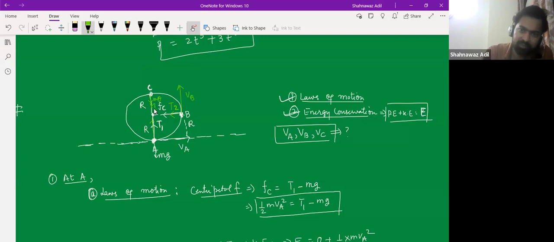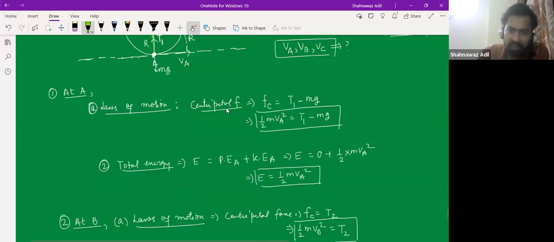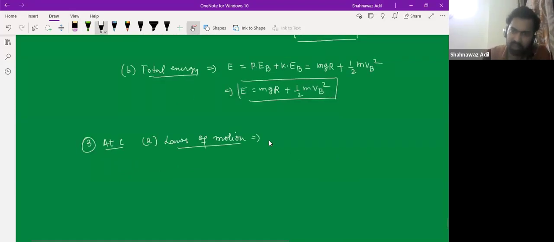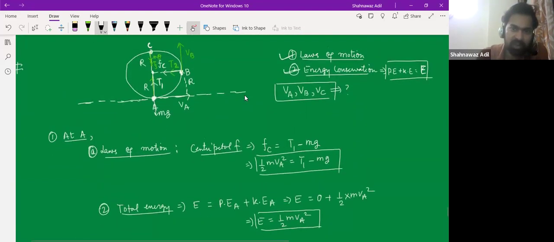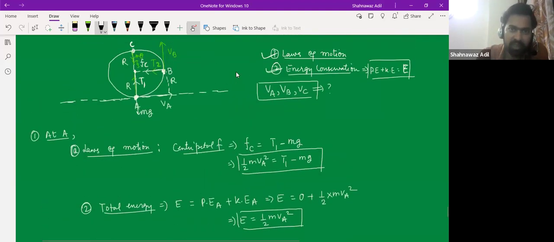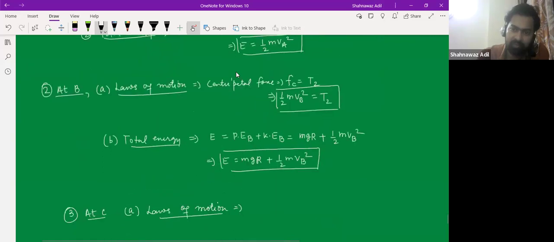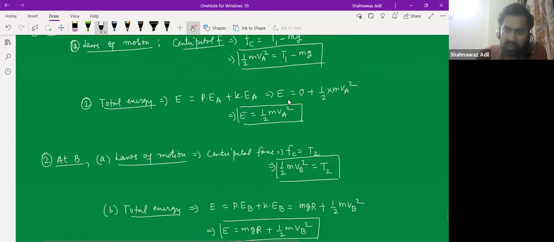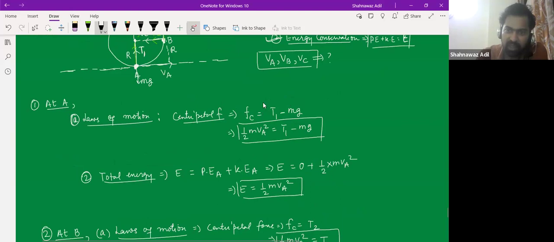Let's say T3. So how much is this thing? Okay, let's see. So centripetal force is mg plus T3, right? So Fc is mg plus T3. So this is mv square by r. Oh, why did I write half mv square?